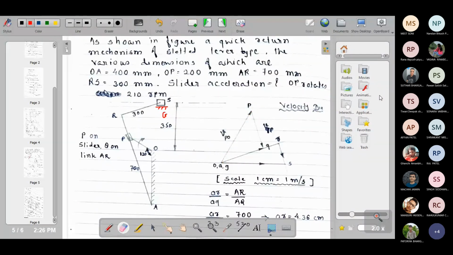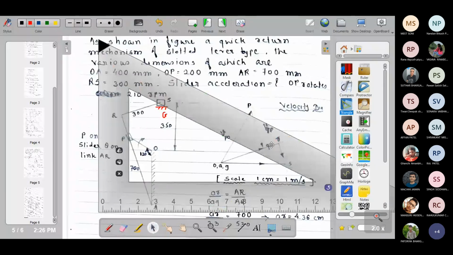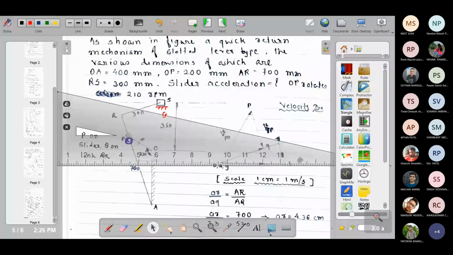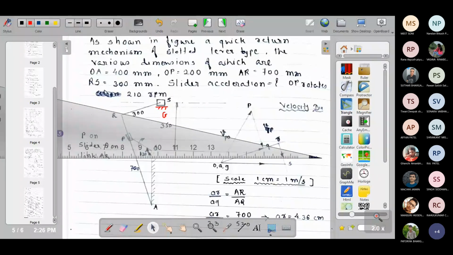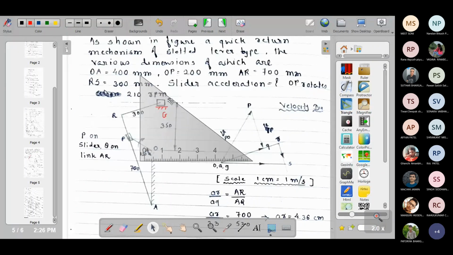Another way, you can also use a protractor. Set square, sir. Yes, sorry, set square. So how do you use it? Let me show.